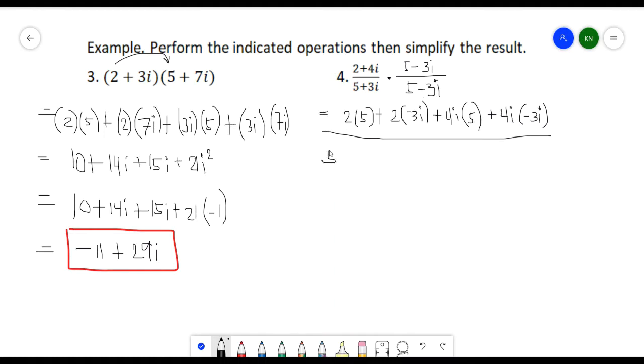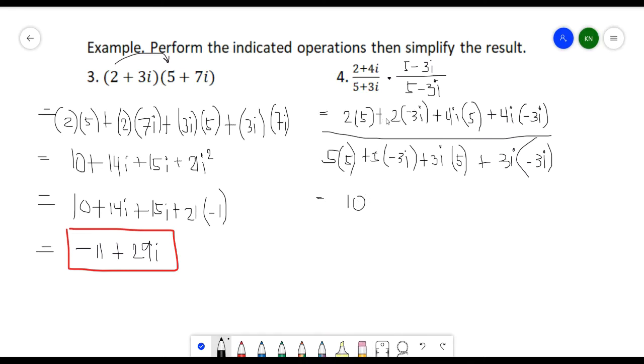Then we divide that with our denominator. So we have 5 times 5 plus 5 times -3i plus 3i multiplied by 5 plus 3i multiplied by -3i. So that gives us 10, sorry, that should be minus.